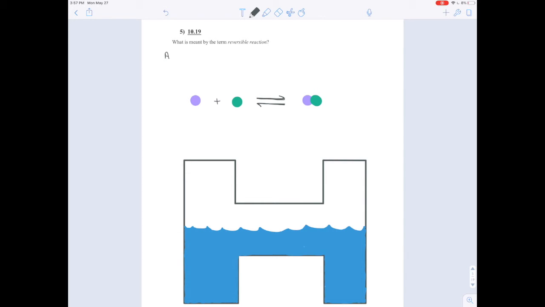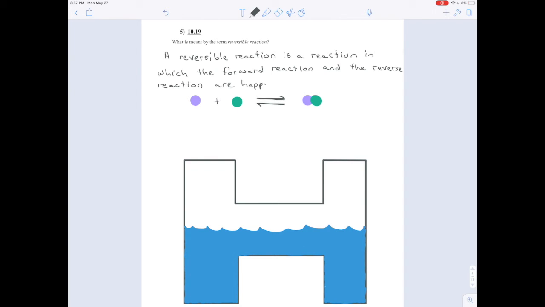So a reversible reaction is a reaction in which the forward reaction and the reverse reaction are happening at the same time.